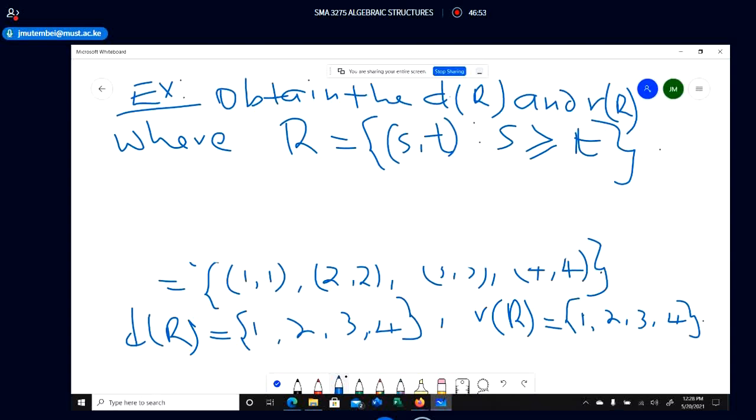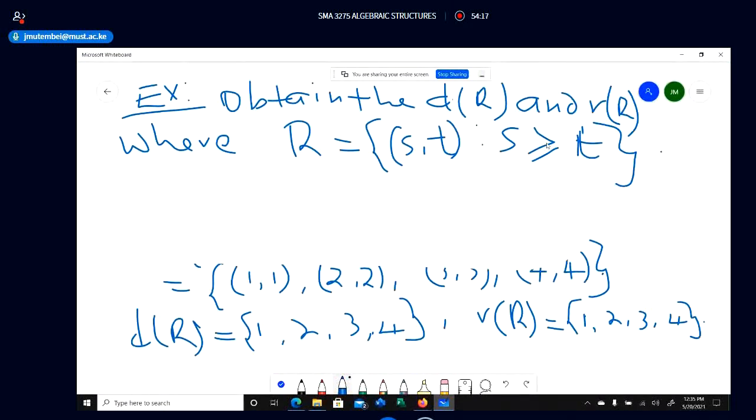So you will obtain R, the relation that obeys this property, and then I want you to obtain the domain and the range of R.